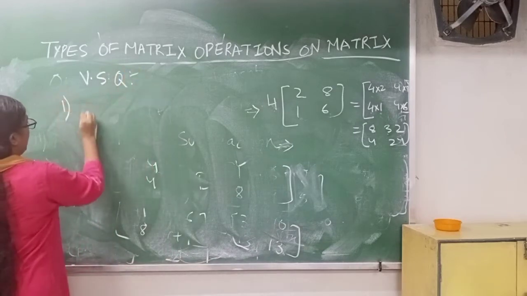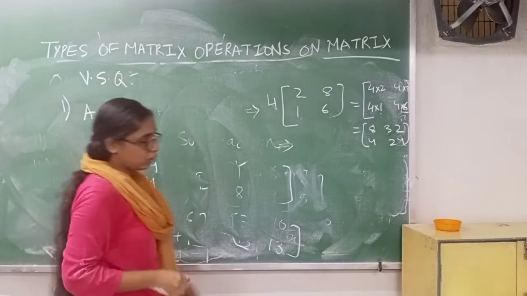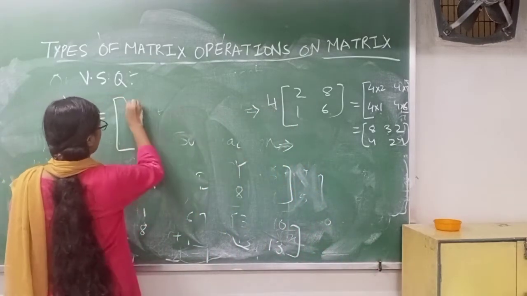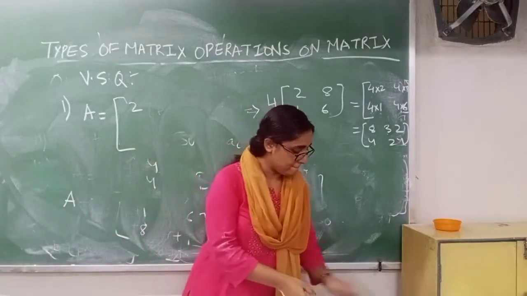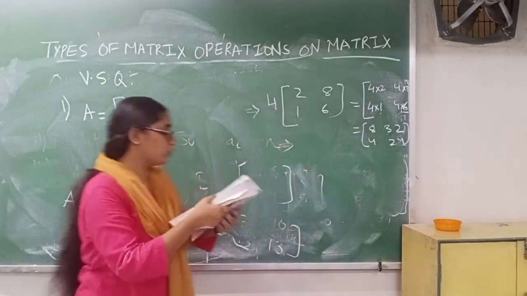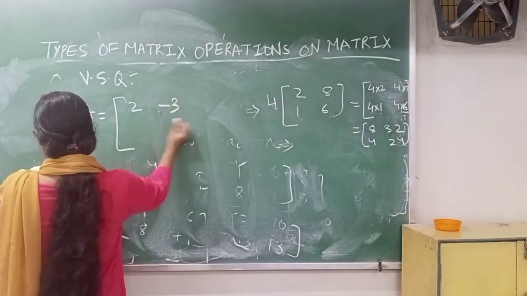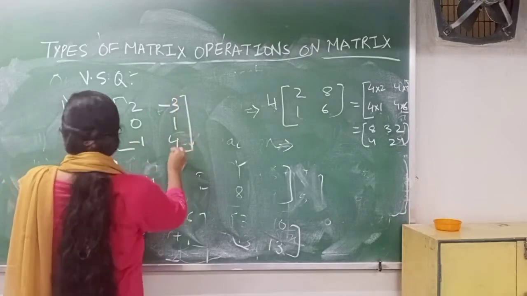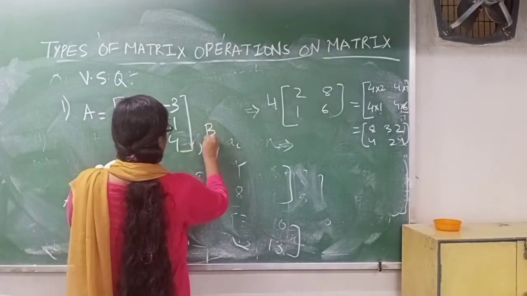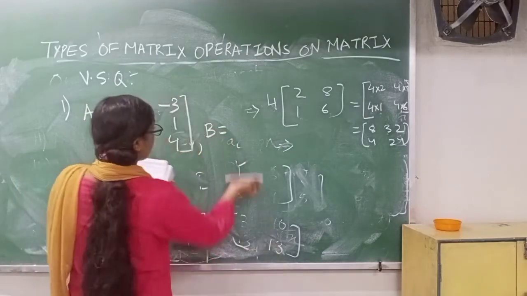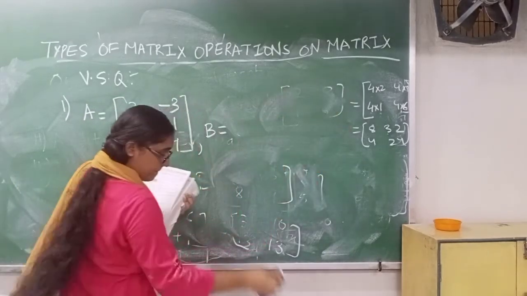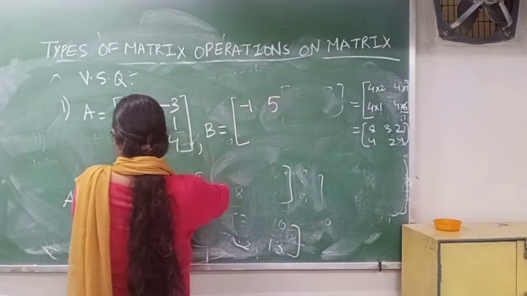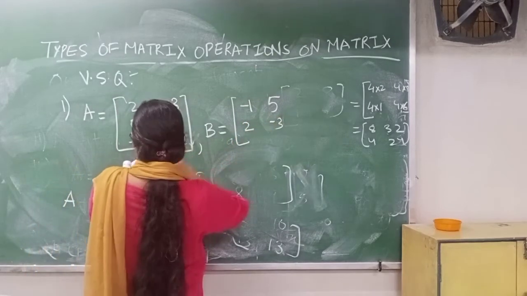A value is given, how much? A is the matrix 2, minus 3, 0, 1, minus 1, 4. Then B value is given: B is minus 1, 5, 2, minus 3, 0, 1.